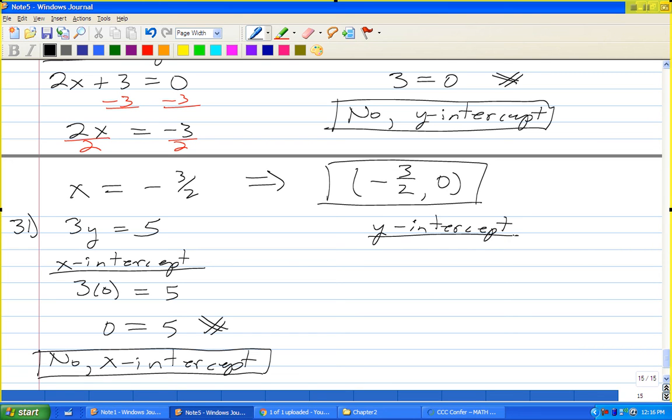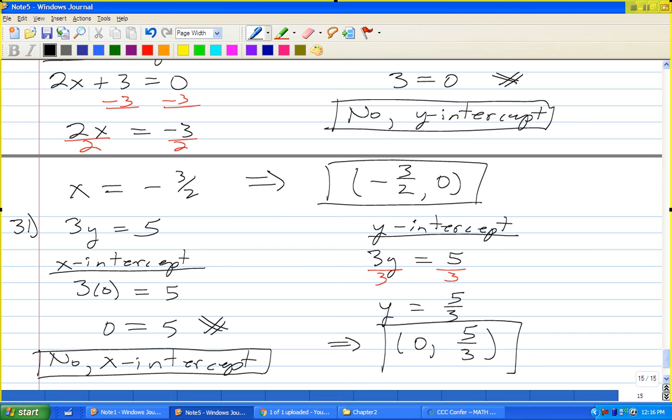Set x equal to 0 and solve for y. Divide both sides of the equation by 3. So y equals 5/3. So the y-intercept is at the point 0, 5/3. And that is your answer.